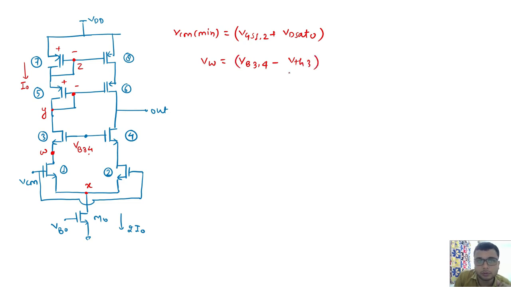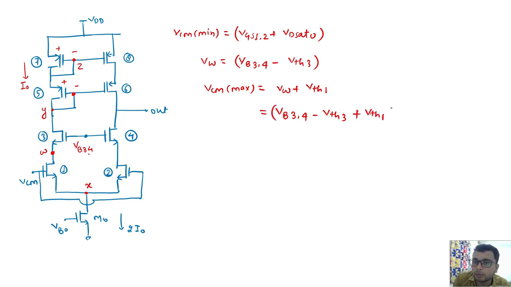So this is the VW. So what can be the maximum value of common mode? From the same concept that I gave in the tip, this VCM can be maximum W plus VTH of 1. So it is nothing but VB3,4 minus VTH3 plus VTH1.